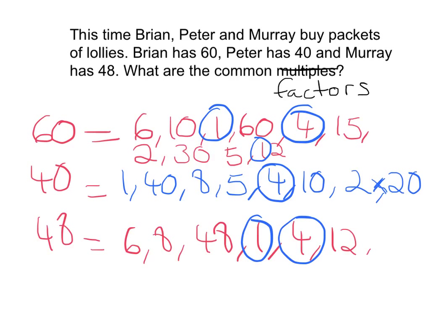So we just look for the other ones. Another one that I forgot to list here is 2 and 24. So you'll see here that 2 is another common factor among them all. So that's common factors.